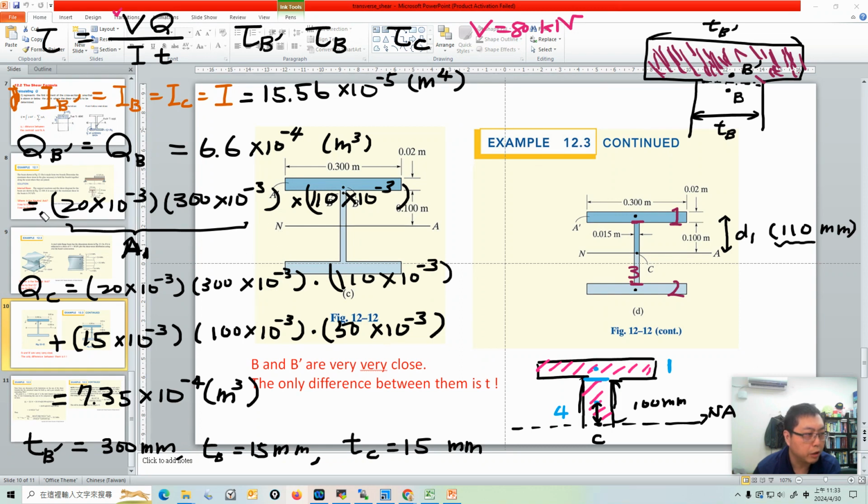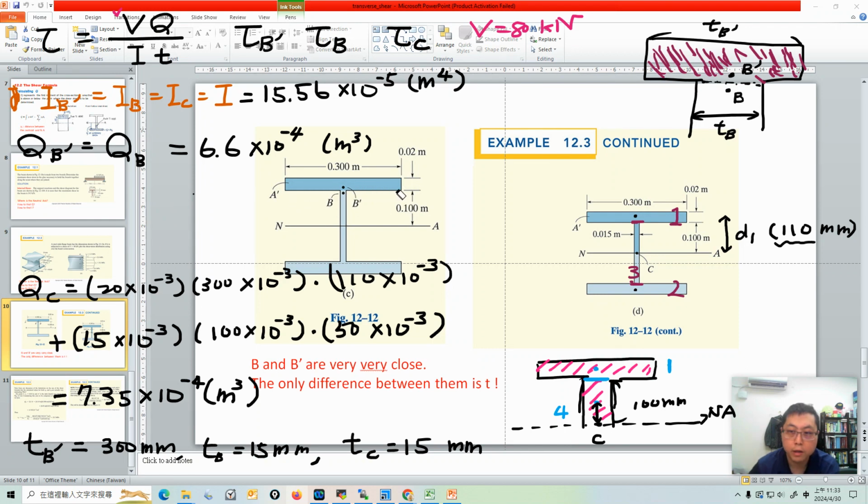QB, we already know it. If you want to see this, please rewind. And we also know the QC, we just computed the QC. It's not easy, right? QC is 7.35 times 10 to the power minus 4 m cubed. So I erase this part.